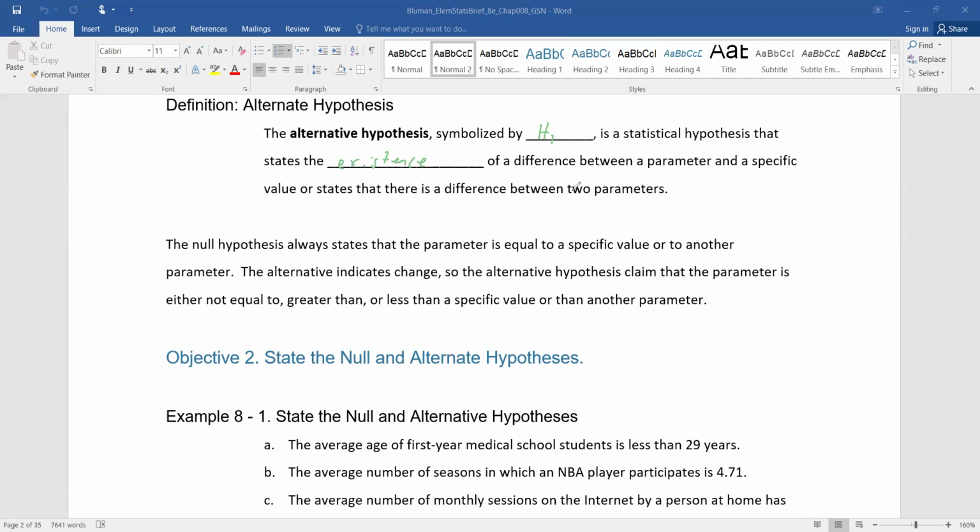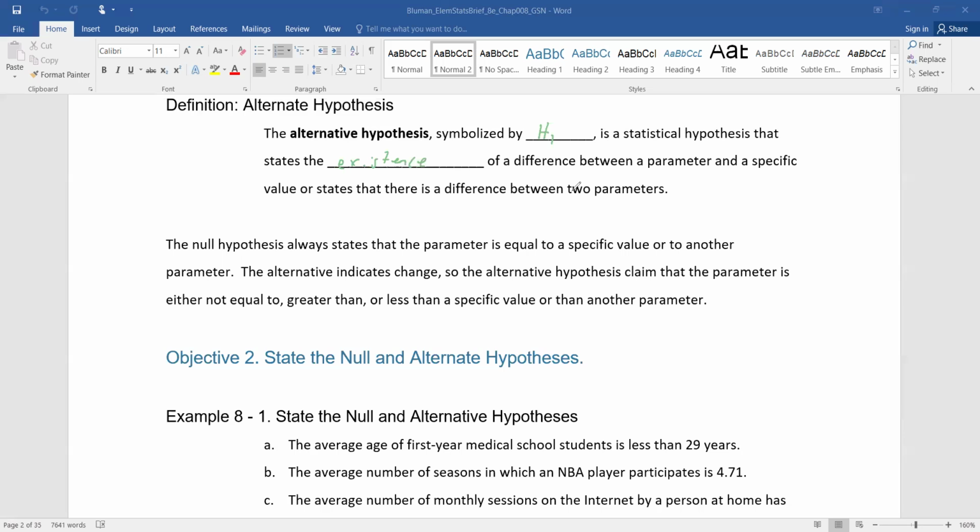So again, I'm talking about the mean, but we could be specifically talking about standard deviation, variance, the median, things like that. Just any type of parameter, we're saying that there's a difference between what we have versus what we're testing.